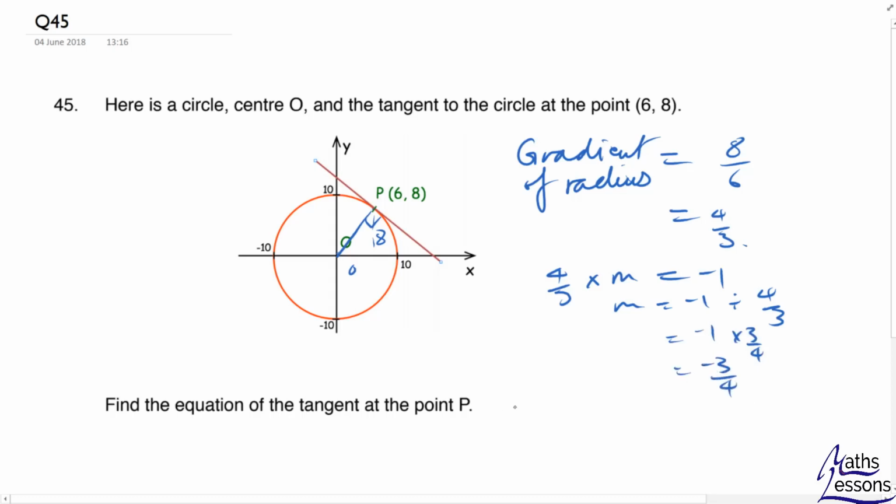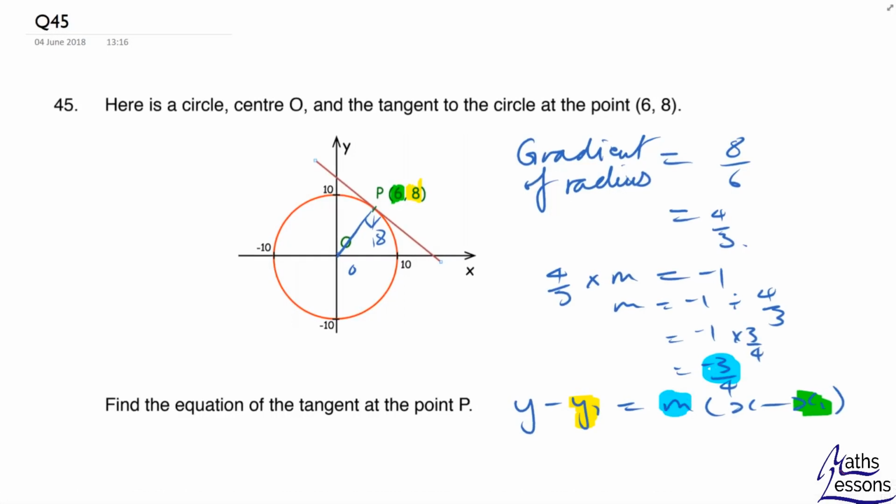Now, if you use the equation y minus y1 equals m(x minus x1), this is the equation of a line where the y1 and the x1 here are the points on the line. So there's your y1 value 8 and there's your x1 value 6. And we know the gradient, because it's equal to -3/4. So we've got all the values we need to create the equation of a line.